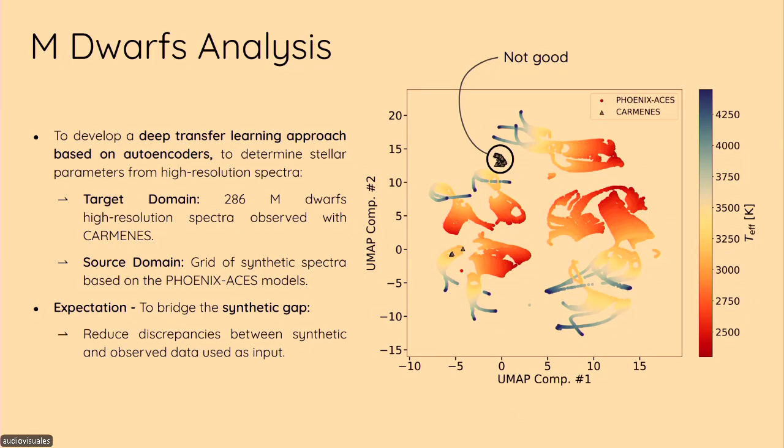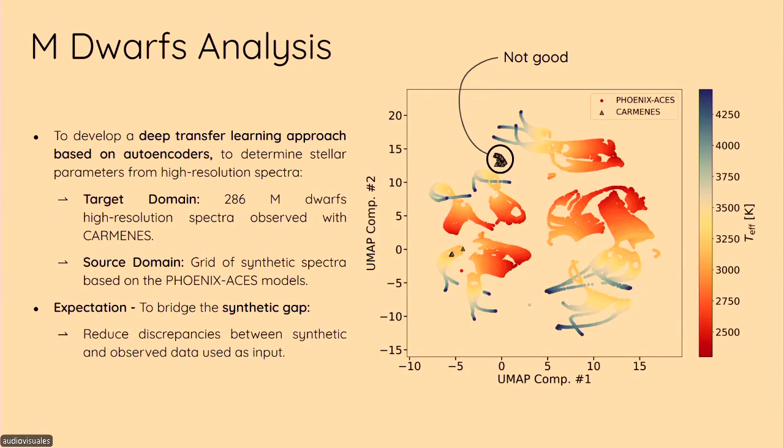Okay, and for this we have a target domain, which is a sample of 286 high-resolution CARMENES spectra of M dwarfs, and a source domain, which is a data-rich grid of synthetic spectra based on the PHOENIX-ACES models. And the expectation with this work is to bridge the synthetic gap, and that is to reduce the differences between the synthetic and the observed data that we use as input for the stellar parameter determination. And this synthetic gap is what you can see in the figure.